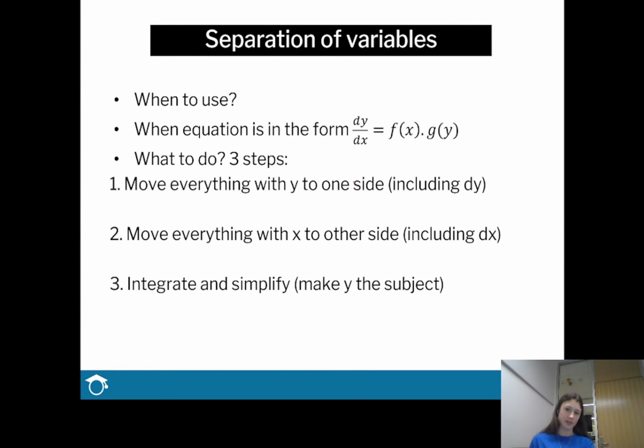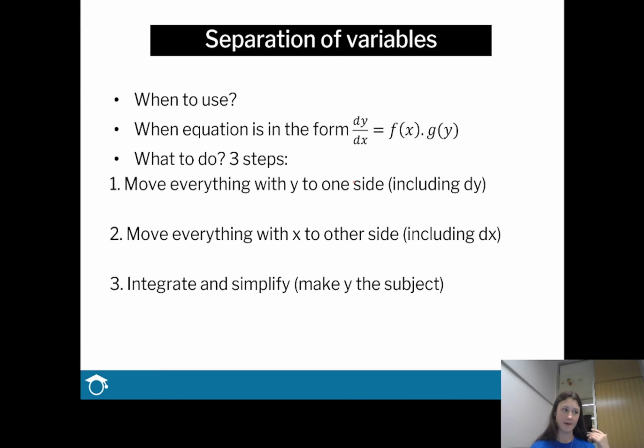Separation of variables is really useful, and you typically see this when you are doing questions. I see it with questions about like the absorption of medicine in the body and stuff like that. But it's basically where you have a function in terms of both x and y, and it's like a product of some sort.